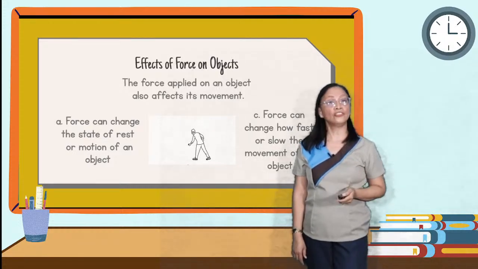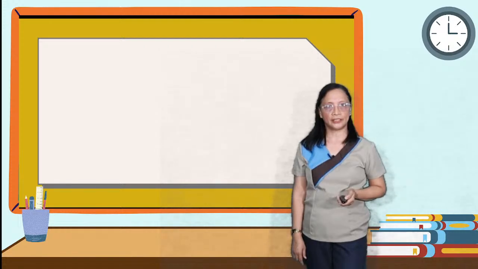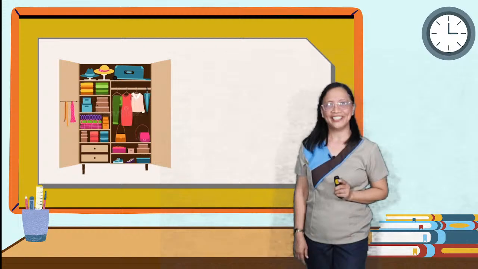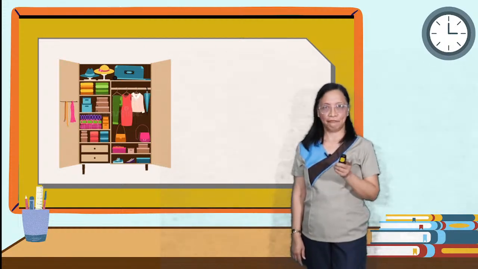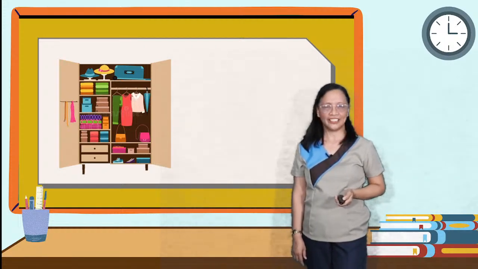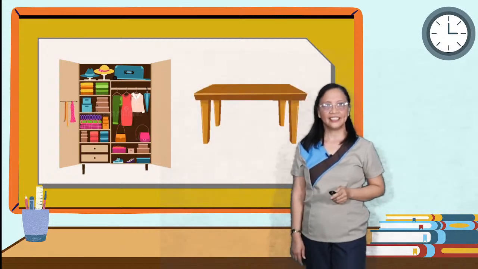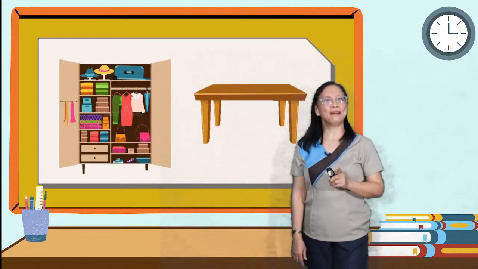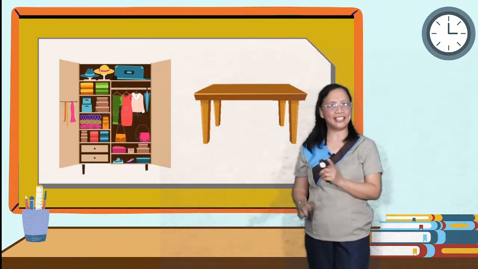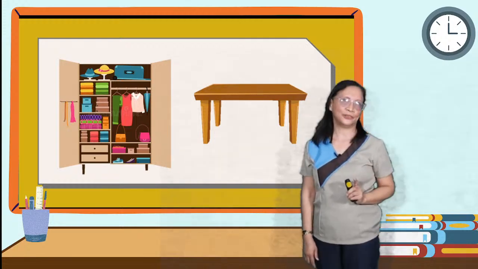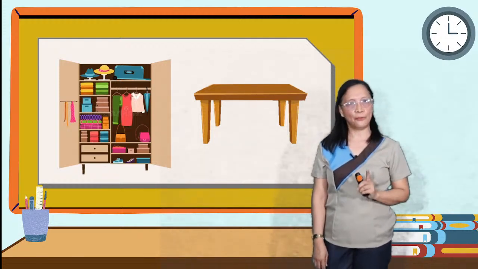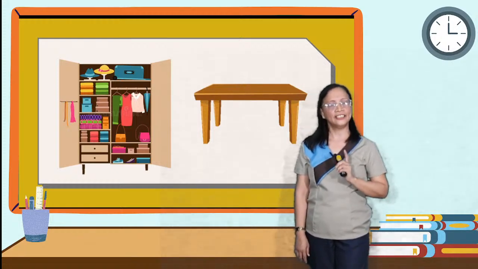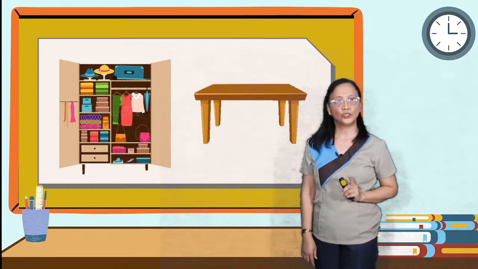Here's another thing to consider. Look at these pictures. Grade 4, that's a wooden cabinet filled with things, clothes and others. And that's a plastic table. Between these two, which do you think will require a greater force in order for the object to move?